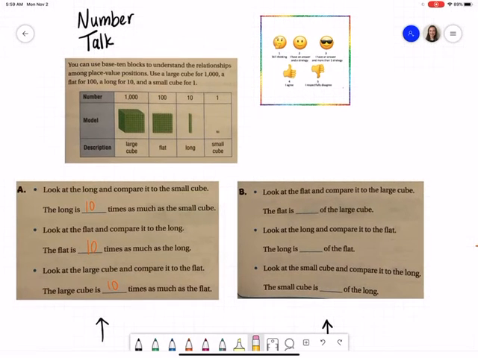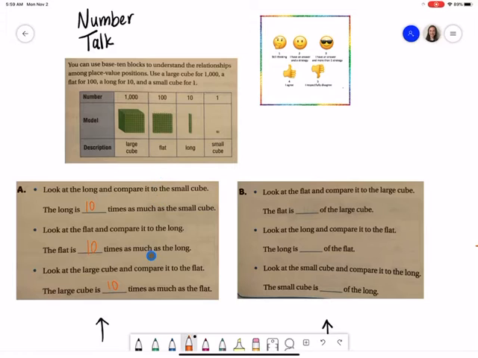Now let's look at B. Look at the flat and compare it to the large cube. The flat is blank of the large cube. How much of the large cube is it? This flat is one of how many pieces that go into the large cube.